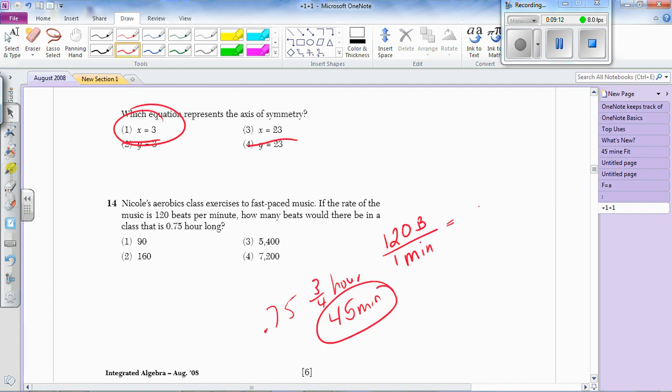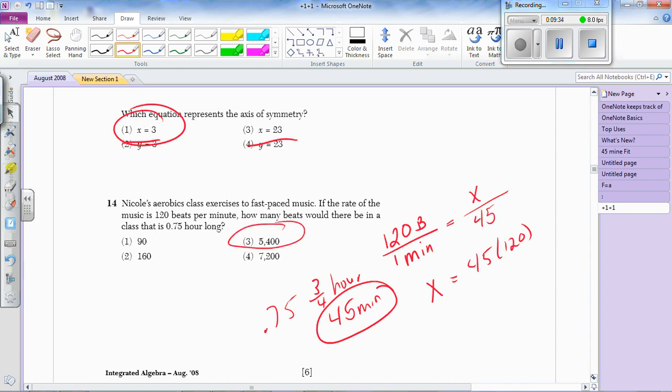We want to figure out how many beats in 45 minutes. So I'm really just going to take x times 1 is x, and then 45 times 120.